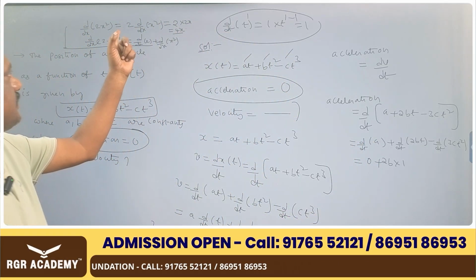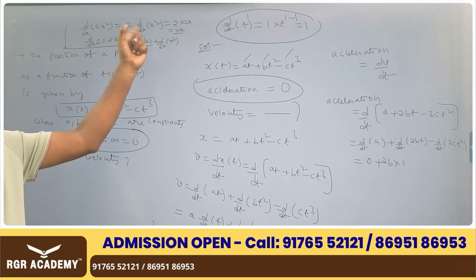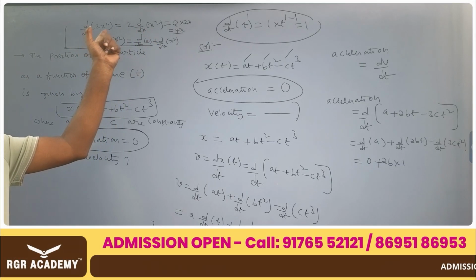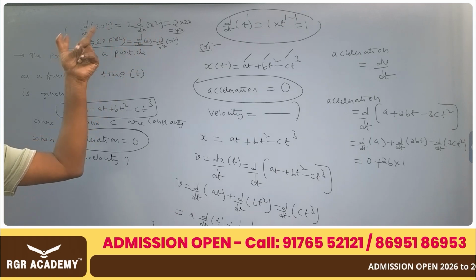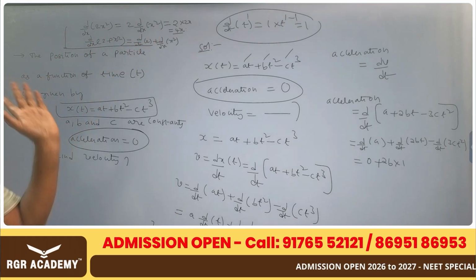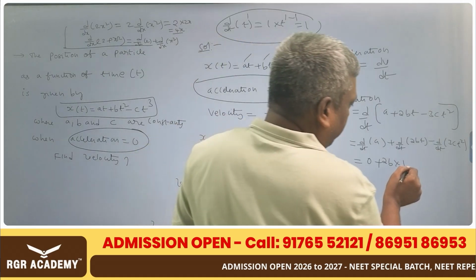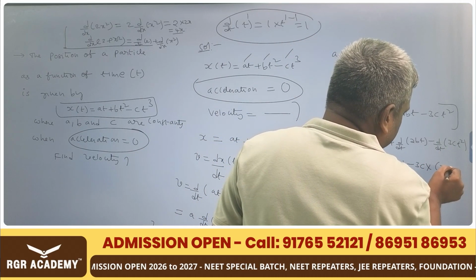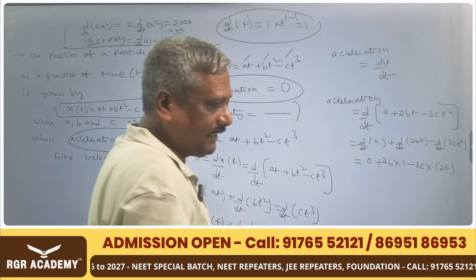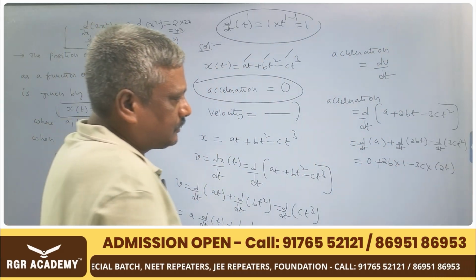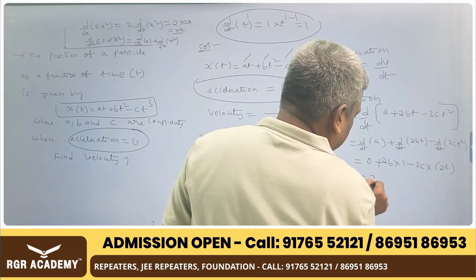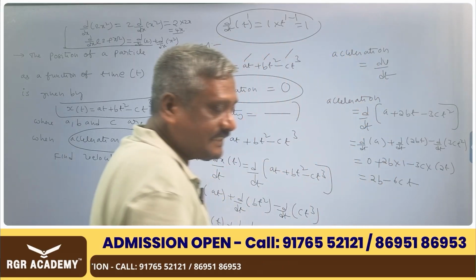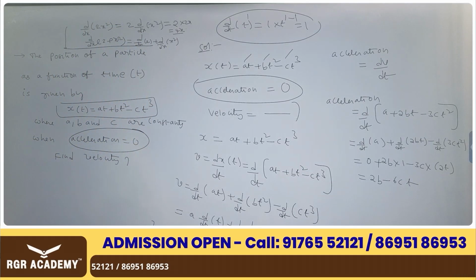If any constant term is multiplied with a variable, the constant term can be taken out. So what happened? Minus 3c into the derivative of t square, which is 2t. So this value becomes 2b minus 6ct. That is acceleration.